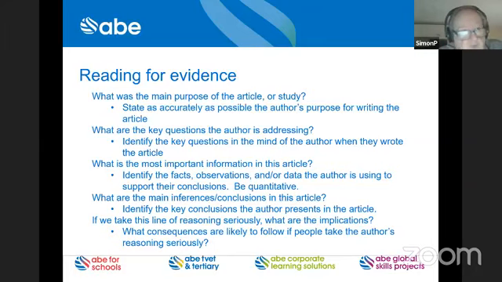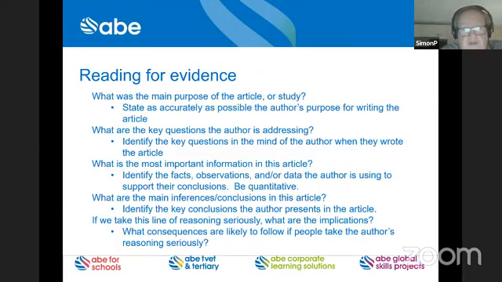Why have they written it? What's the point of the argument? What are the key questions that the author is addressing? And think about how these actually relate to any assignment or OBE question that you're hoping to answer. But identify the key questions in the mind of the author or authors when they wrote the article.